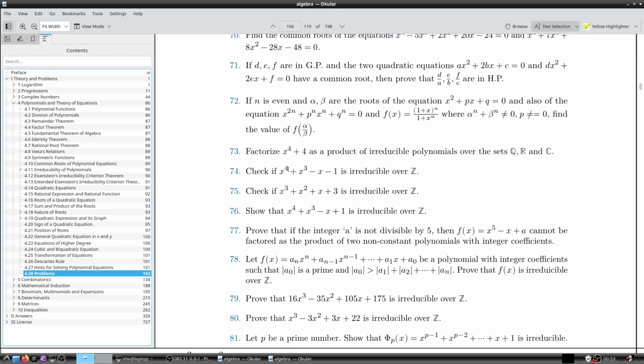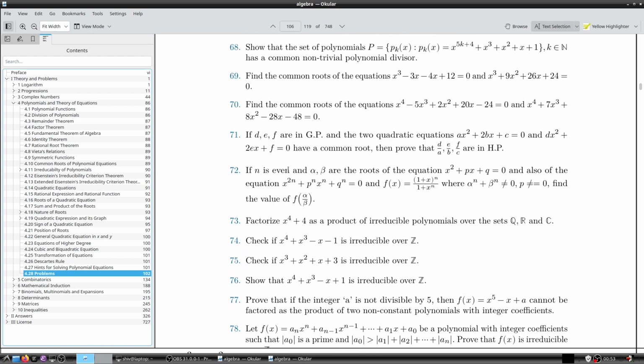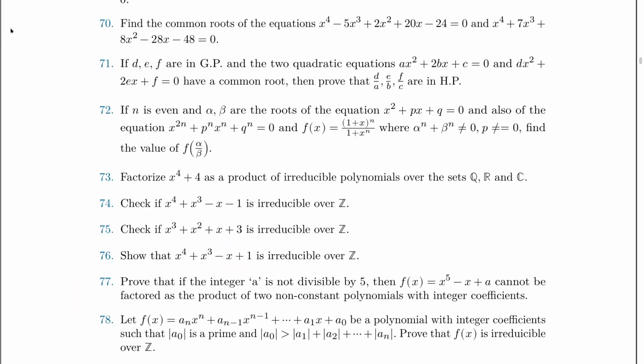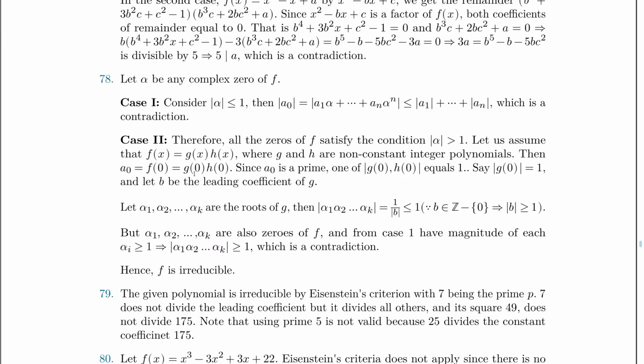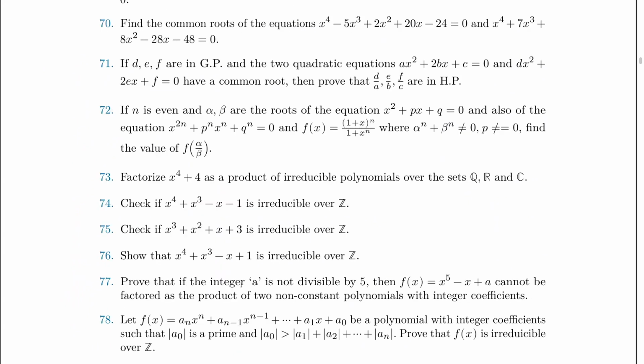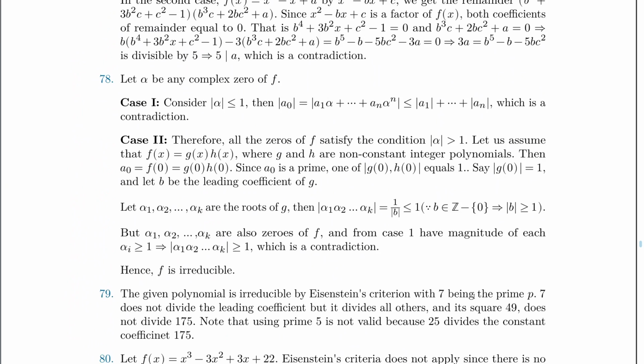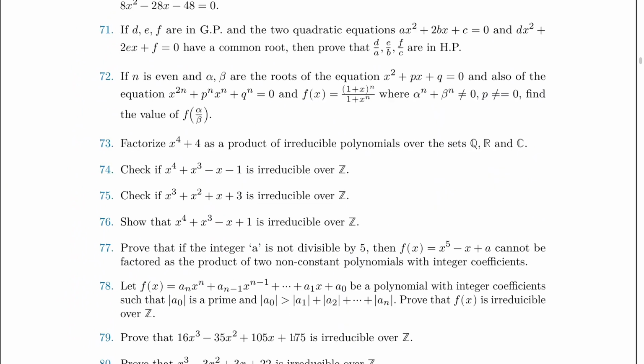Now we are on problem number 79. If we see this polynomial, our p is 7. So 7 divides this, but 7 square does not divide 175, and 7 divides these two as well.